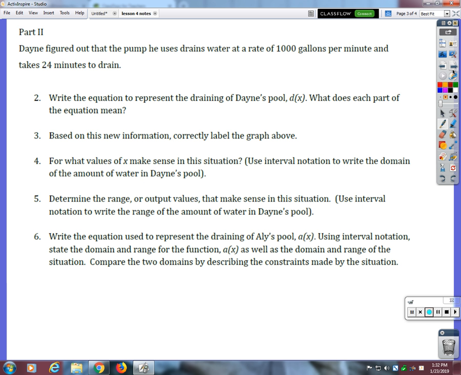Okay, I'm going to give you guys, Nathan, I'm going to give you guys Allie and Dane drain the pool, because I think this is a good problem, because it makes you think about a real world situation and connect it to some math, okay? So that's going to be, yeah, this is the water park one.